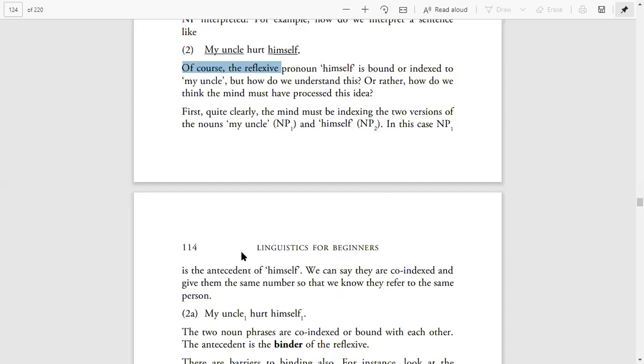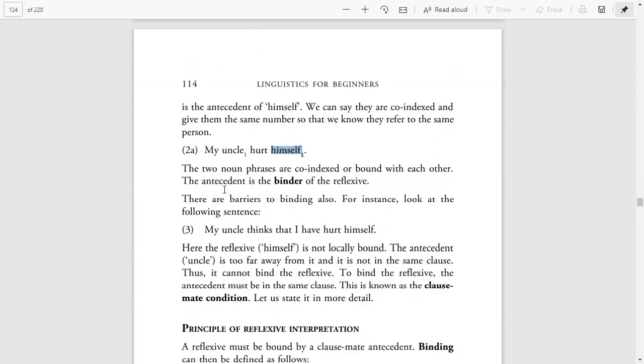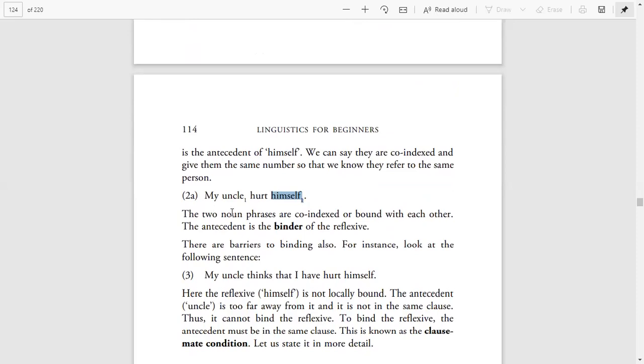So we are giving them the same number, so that we can tell the readers that they refer to the same person, because himself refers to my uncle, right? So we will denote them with 1: 1 for my uncle and 1 for himself as well. The two noun phrases are co-indexed, bound with each other.